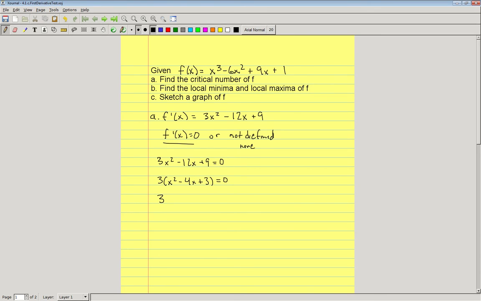And if we continue factoring, we see that the function factors into x minus 1 and x minus 3. Negative 1 times negative 3 is positive 3, and negative 1 plus negative 3 is equal to negative 4. So this tells us that the derivative is equal to 0 when x equals 1 and 3. So we have found the critical numbers of our graph.